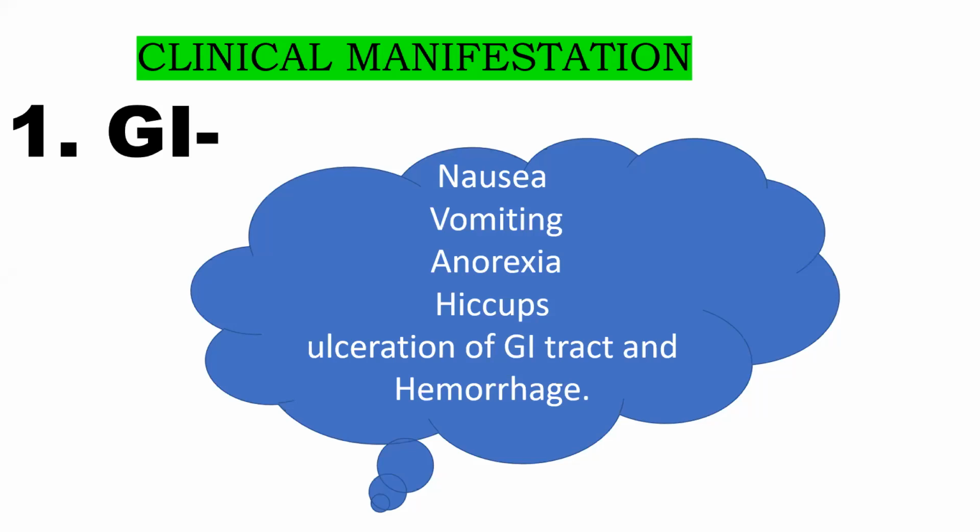Okay. And then next is ulceration of the GI tract and hemorrhage. Hemorrhage means bleeding, everyone knows. And then there will be ulceration of the GI tract. So in your gastrointestinal tract, there will be ulceration. What is ulceration?